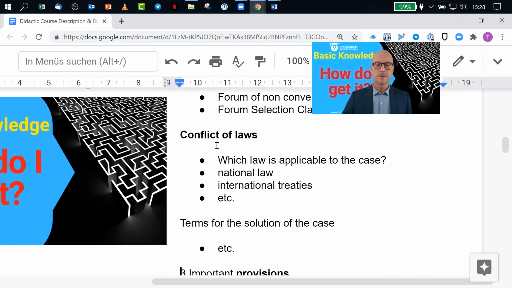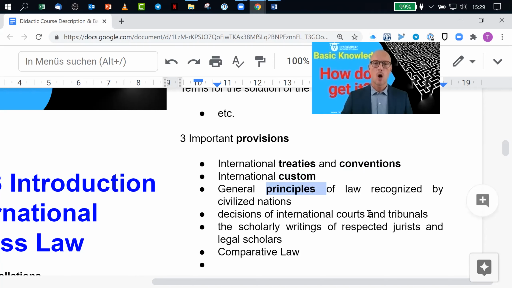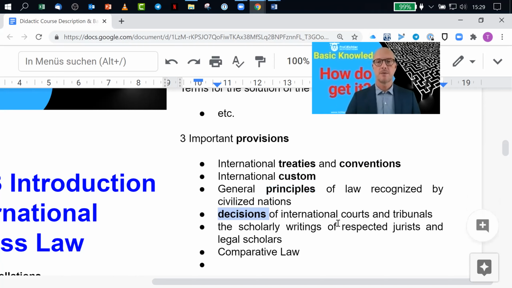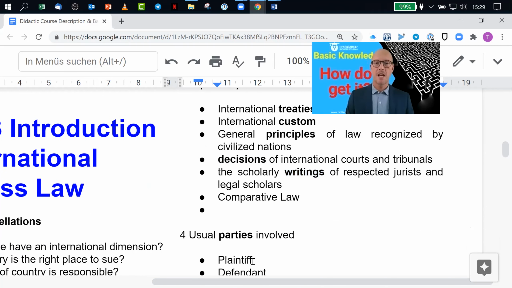So if you want to find out which law is applicable, you always have to find out the third part of the Richter scheme, the provisions. We have some special provisions here in international law. So we have international treaties and conventions. We sometimes have international custom, or principles of law, or decisions of international courts and tribunals, or writings of some respected jurists and legal scholars, or sometimes comparative law, or sometimes national law, right?